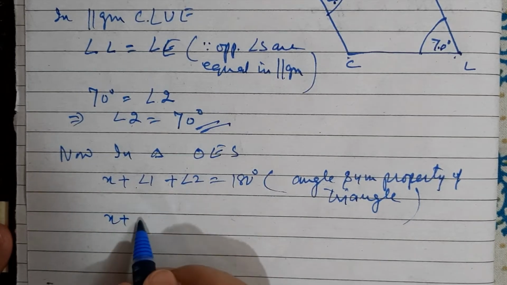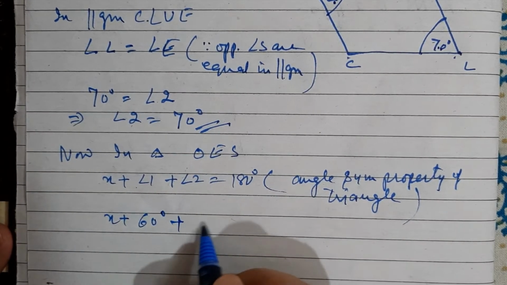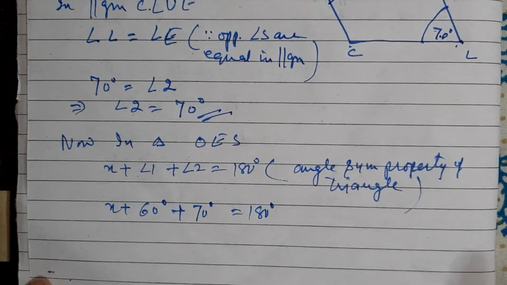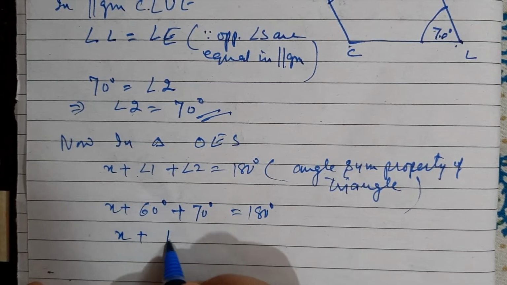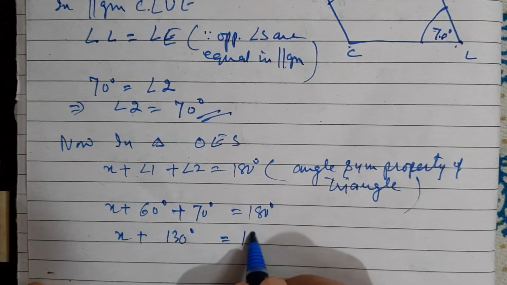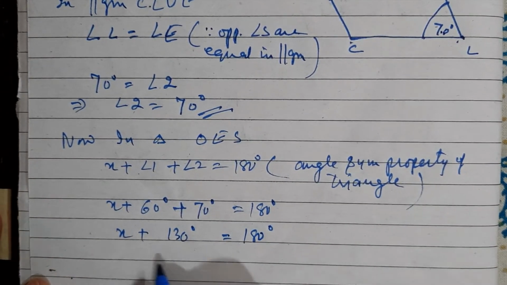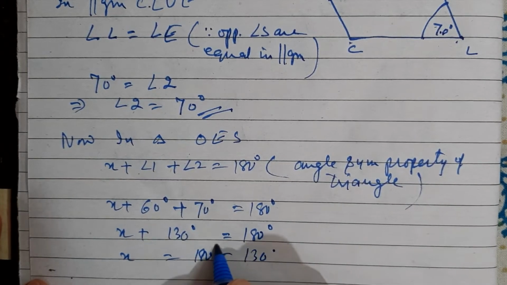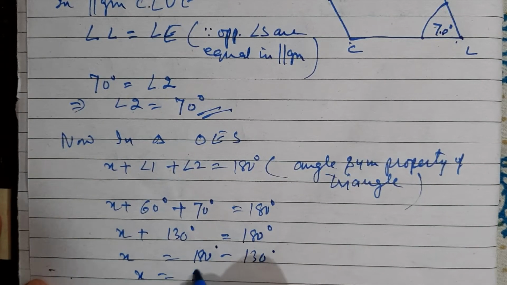X plus 60 degrees plus 70 degrees is equal to 180 degrees. X plus 130 degrees is equal to 180 degrees. X is equal to 180 minus 130 degrees. X is equal to 50 degrees.